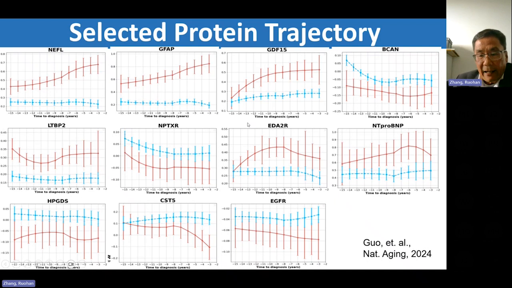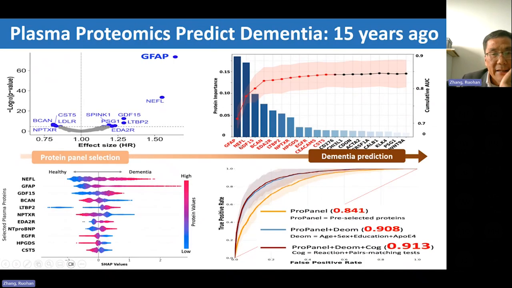So we select these 11 proteins, and using a machine learning approach, plus a few other data, demographic data and cognitive data, we can predict dementia 15 years ahead with an AUC around 0.91.